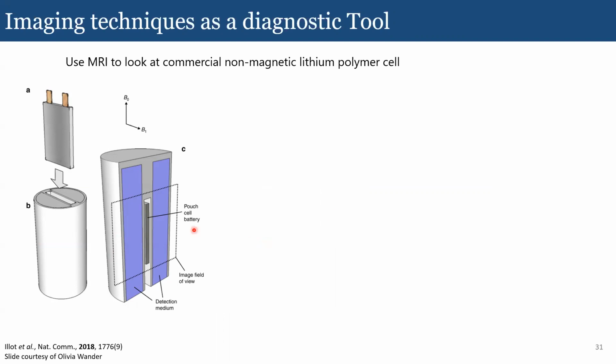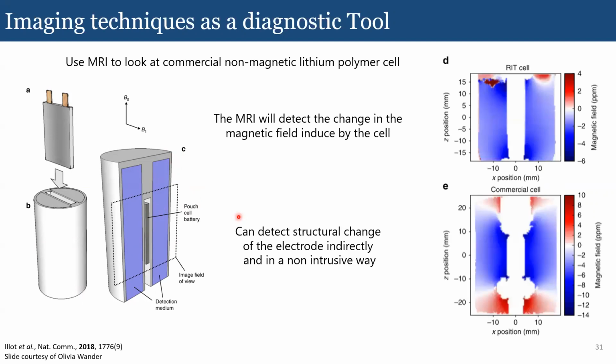So in that study, they were proposing to use MRI. So no longer dealing with 7Li, but going back to proton, to be used as a non-destructive quality control of lithium ion cells. And here, in fact, this is an indirect method for an MRI system.